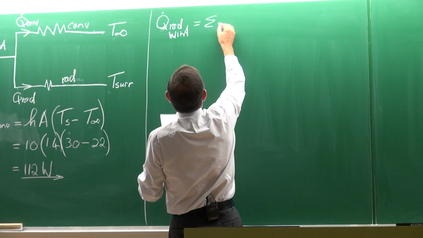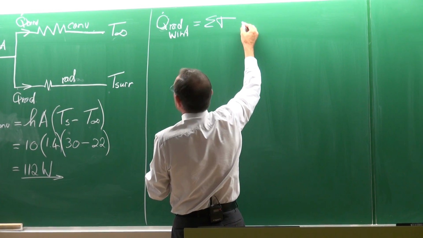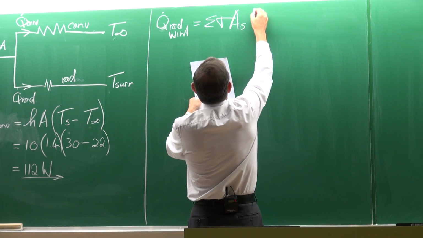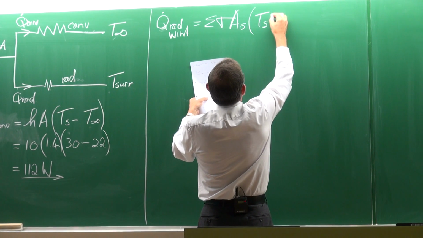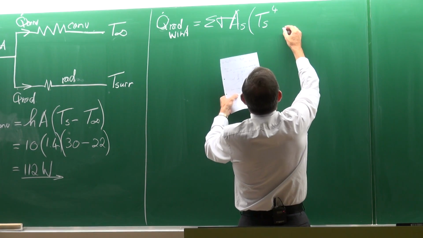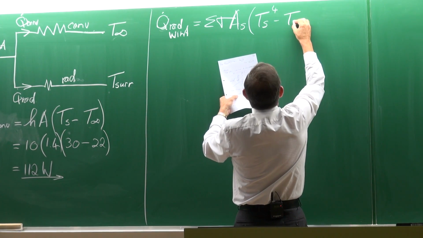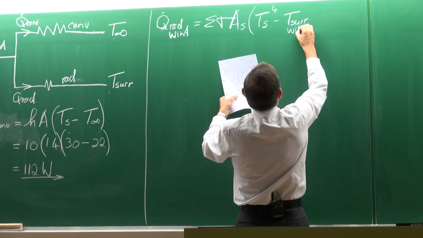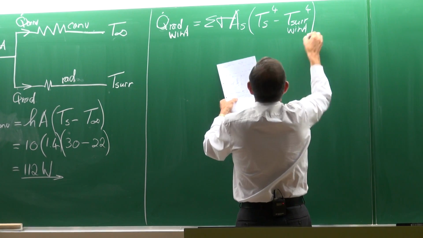In winter, it's going to be the emissivity multiplied by the Stefan Boltzmann constant multiplied by the surface temperature to the fourth minus the temperature of the surroundings in winter to the fourth.